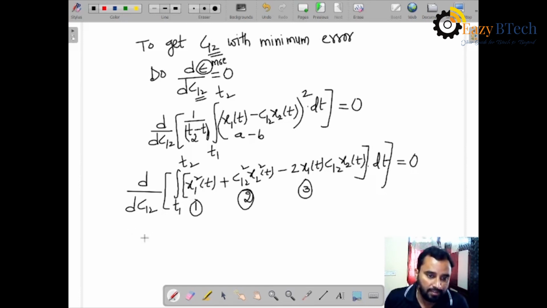Okay, so the first term is 0, and for the second term, we have c12 square. Differentiation of c12 square with respect to c12 becomes 2 c12, and integration is as usual. So integral t1 to t2 x2 square of t dt.